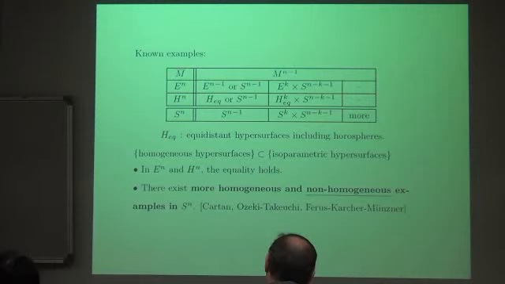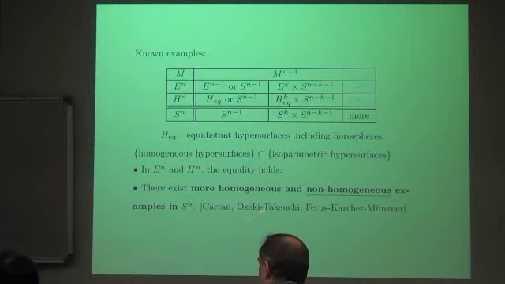However, in the Euclidean sphere case, there are many homogeneous hypersurfaces in the sphere. And homogeneous hypersurfaces have constant principal curvatures, of course. So they are examples of isoparametric hypersurfaces. And here there are more examples other than the totally umbilic one and the product of two spheres.